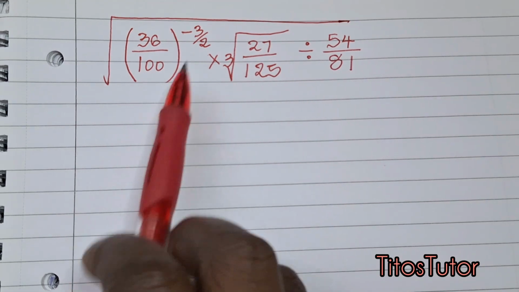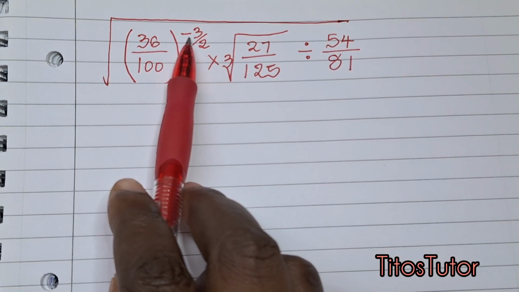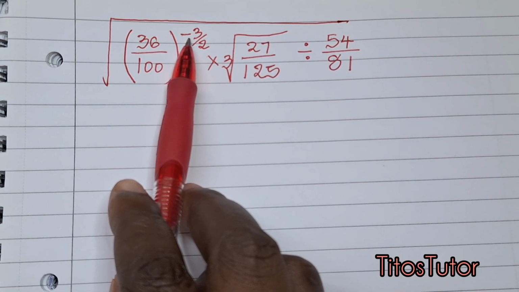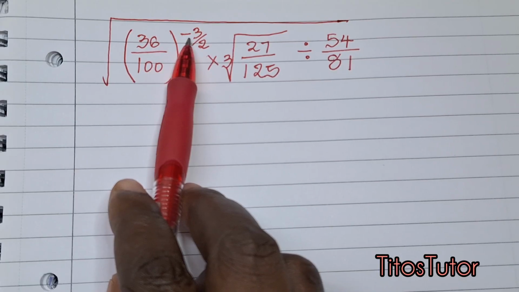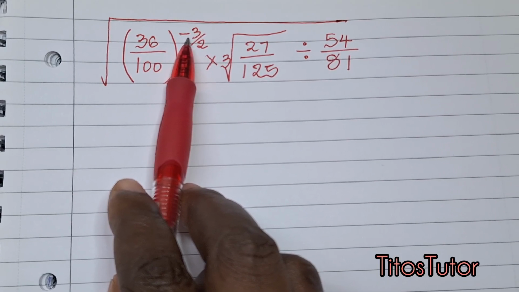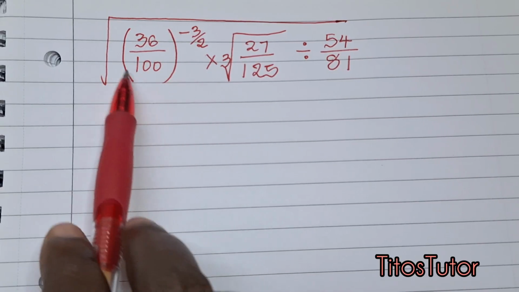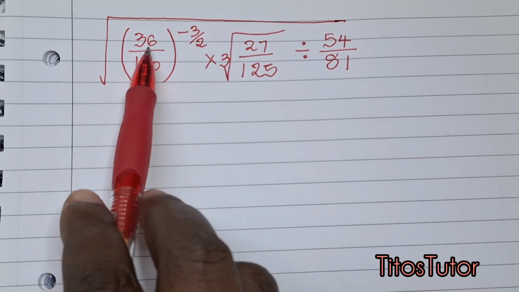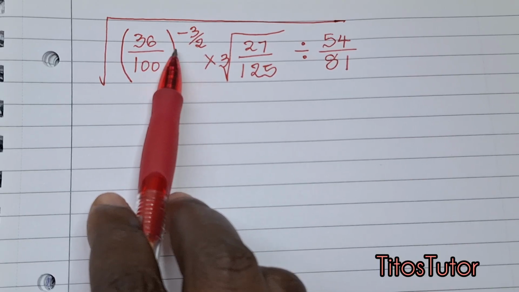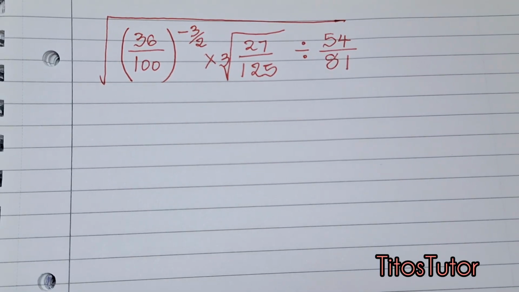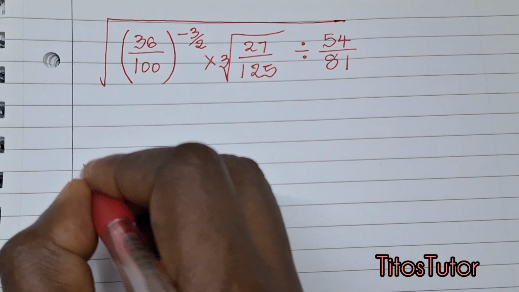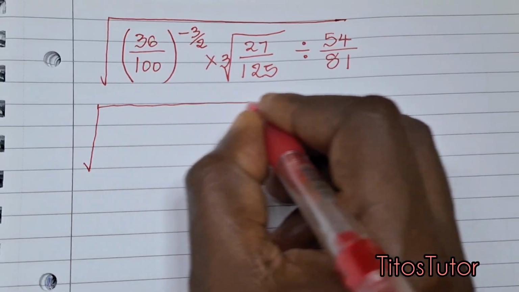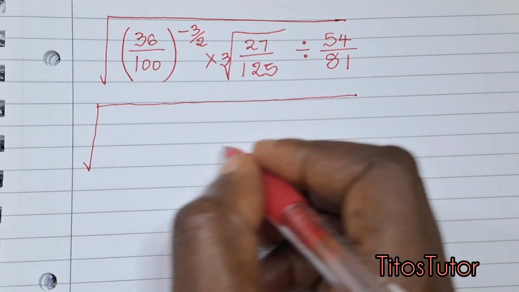Next, we're going to remove the negative sign in our power by using the negative power law. It says when your indices is negative, find the reciprocal. Reciprocal means turn this, flip it, yeah? And then the negative sign disappears. Then we'll simplify this, okay? So don't forget your very long square root sign.